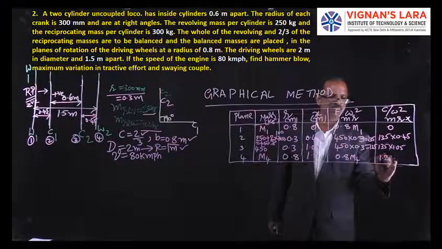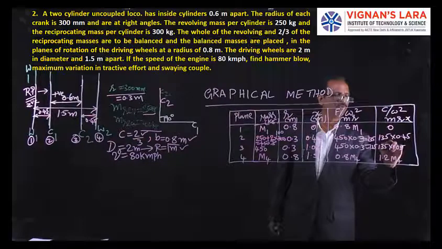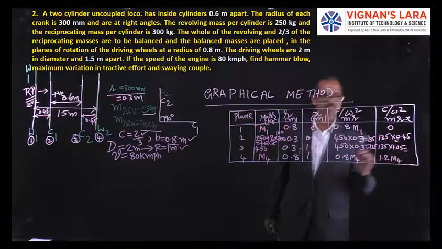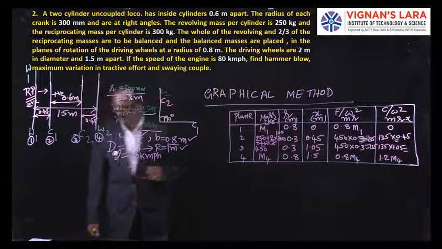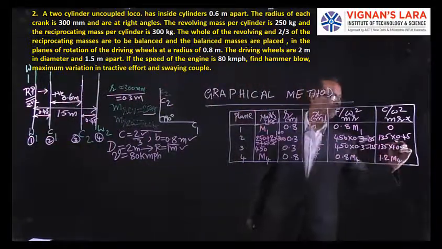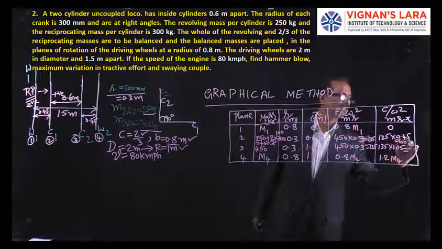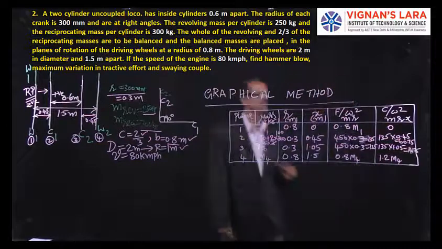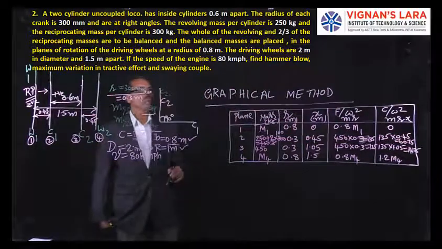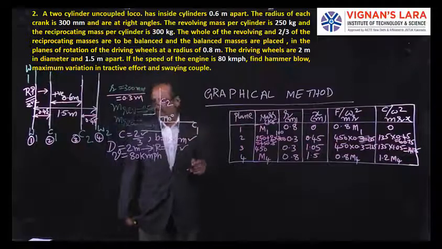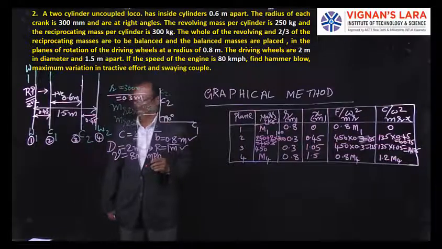So this becomes 1.2 M4, and these values are 60.75, 60.75, and this is 141.75. So we got the tabular column for the forces as well as the couples.